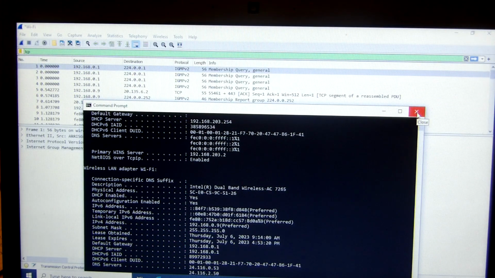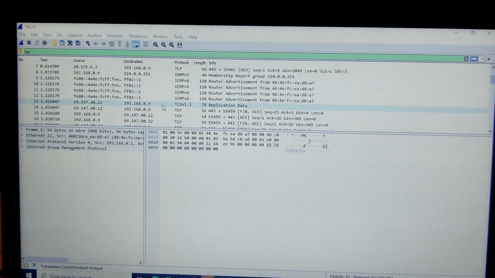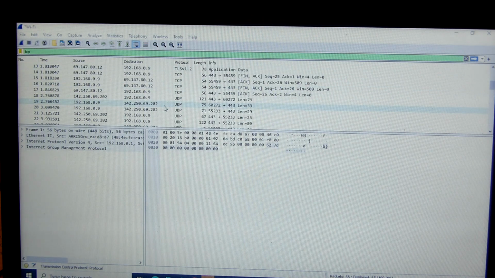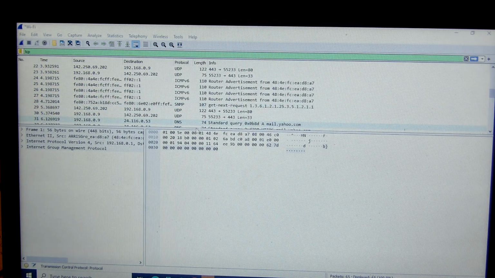It depends on which site you used, and it shows the destination IP address and the kind of protocol they use in the transport layer, TCP or UDP. It shows this is TCP, and these are UDP.